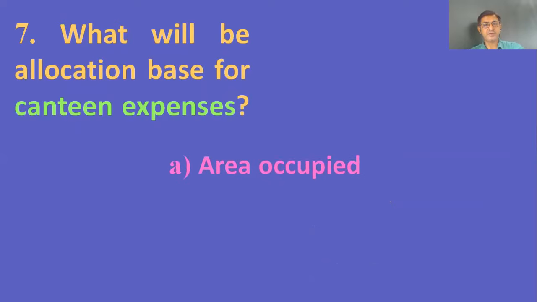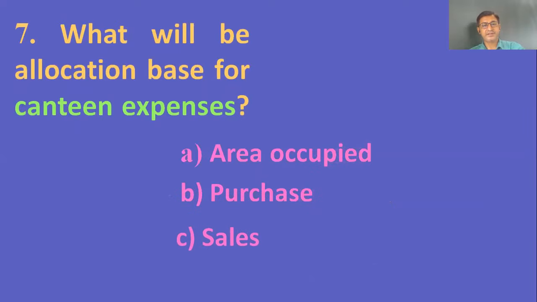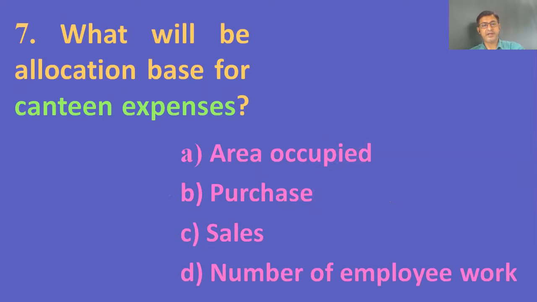Let us have the options: area occupied, purchase, sales, or it may be number of employees. The right answer is obviously, in the canteen employees are going to have their breakfast, lunch, tea, etc. So the number of employees is the right answer, option D.